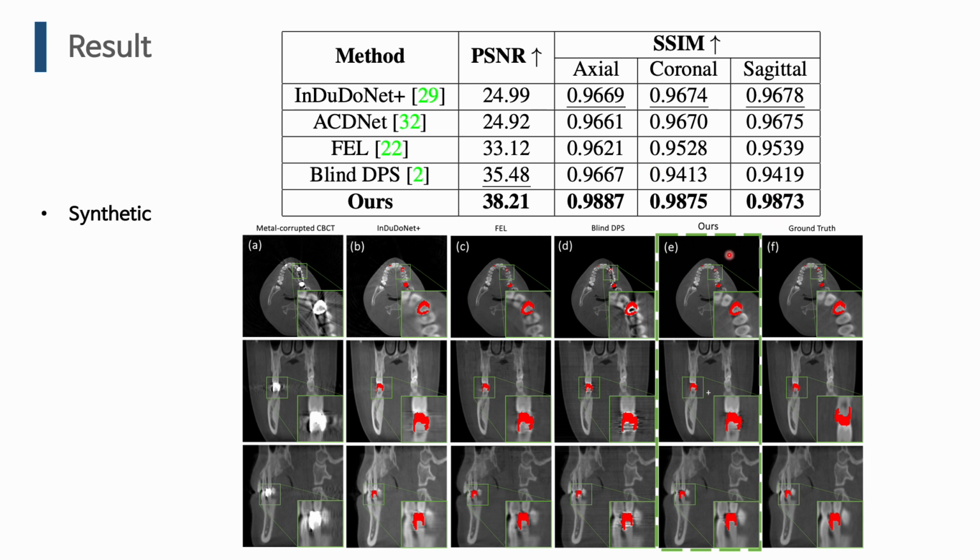Similar good results are also seen in visualization. While the existing CNN-based approaches smooth the region around the metal artifacts, ours restores the region well based on the strong diffusion prior.